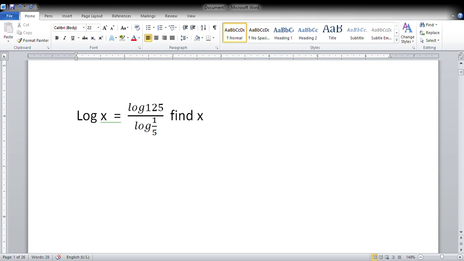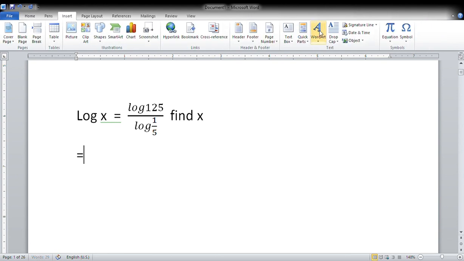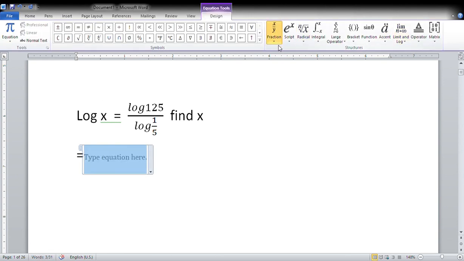So others may not understand this problem. We can write log 125. If we multiply 5 three times, 125 into 5 is 25, 25 into 5 is 125. That means if we multiply 5 three times, it will be 125, that is 5 to the power 3.